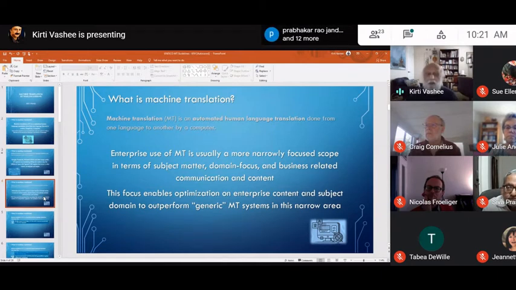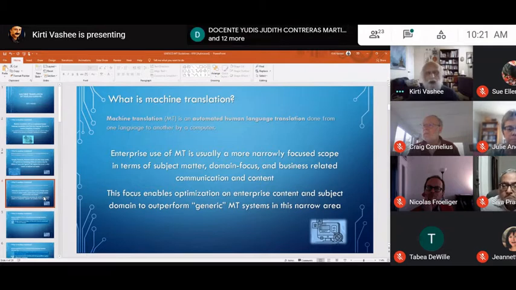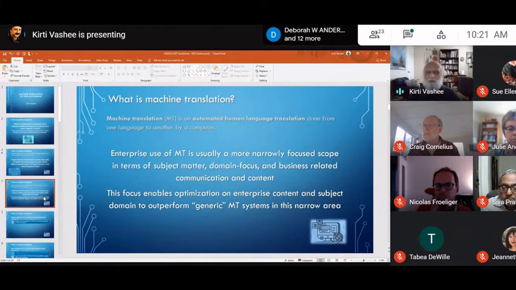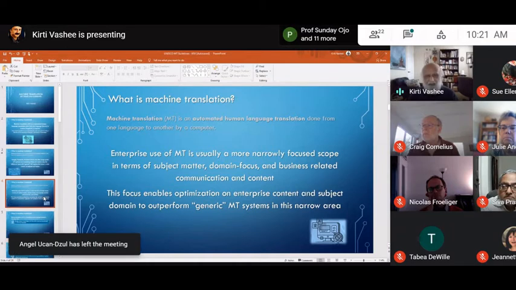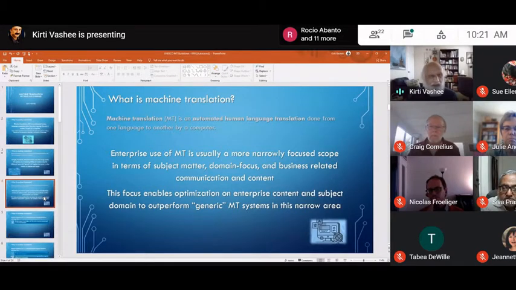If you want to provide thousands of pages or hundreds of thousands of pages of information, then machine translation can help you optimize and build a system that focuses just on that subject and has the possibility of being better performing than some of the public MT systems out there. And this is why you'll find many big companies have their own MT engines that are trained with their own data, and that enables them to optimize the technology around the language and the subject matter that they care about.